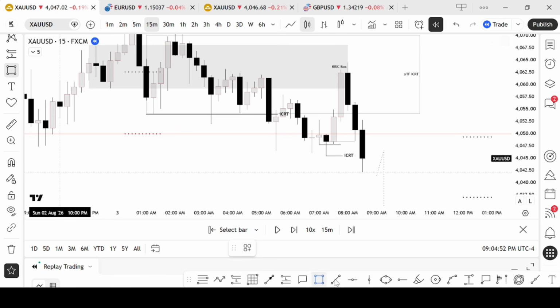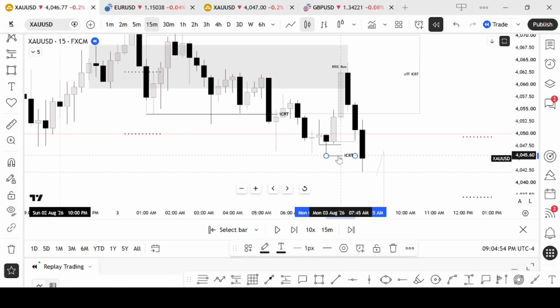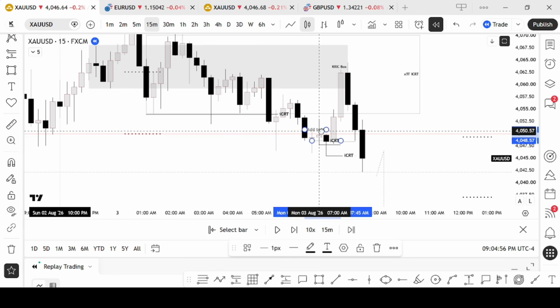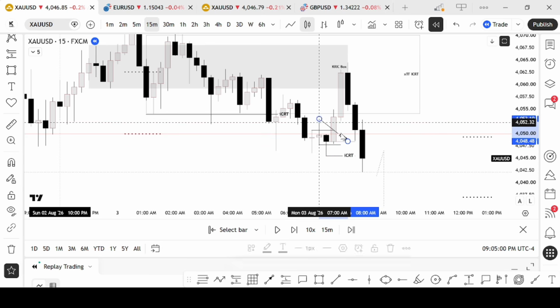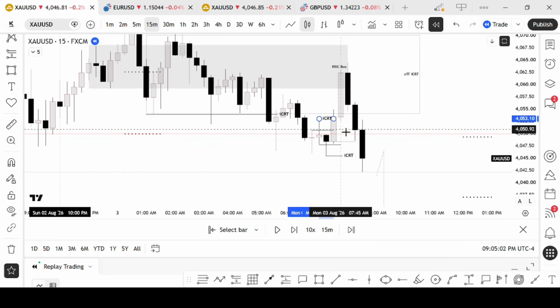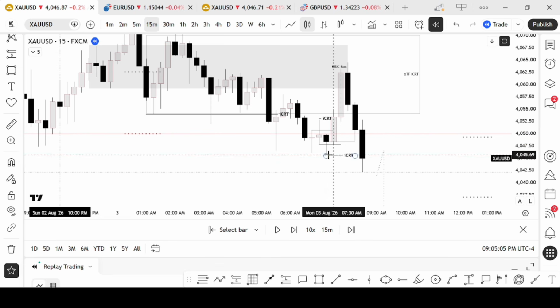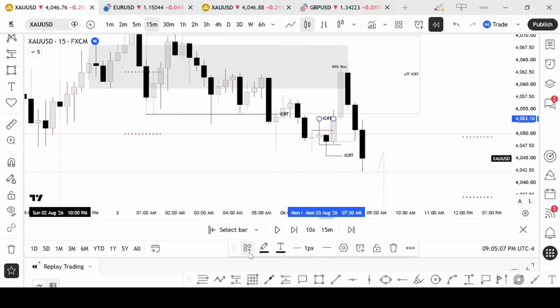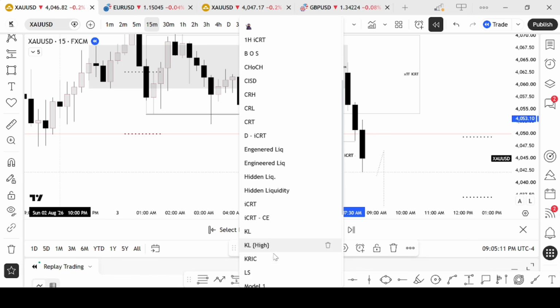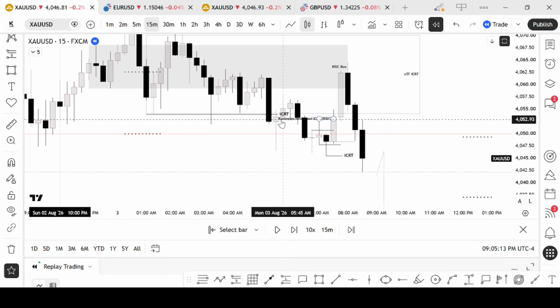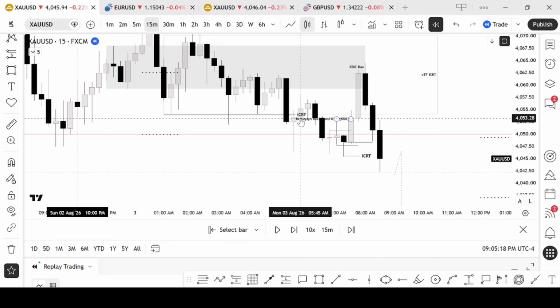All right, now I also want to point out something. Here we have our CRT here, and we have ICRT here. Now when price breaks this swing point, this turns from ICRT to the Comepips inverse ICRT, which is creek.